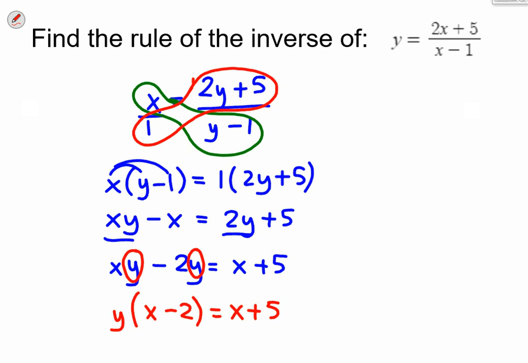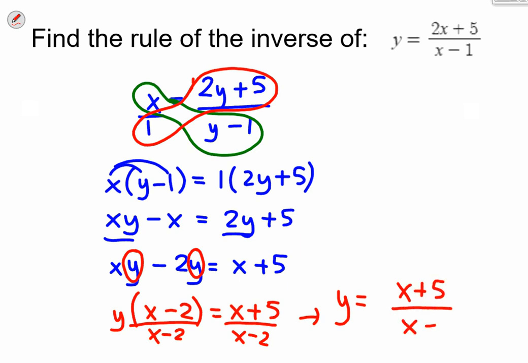And the next step is easy because how do you isolate your y? You would need to divide by your bracket. So you divide by this on both sides. So that leaves you with your rule of the inverse, which is x plus 5 over x minus 2. So this is the rule of the inverse if you have it in this form.